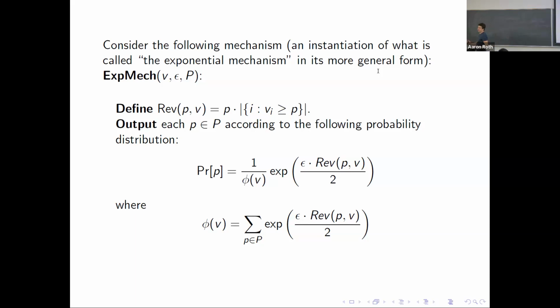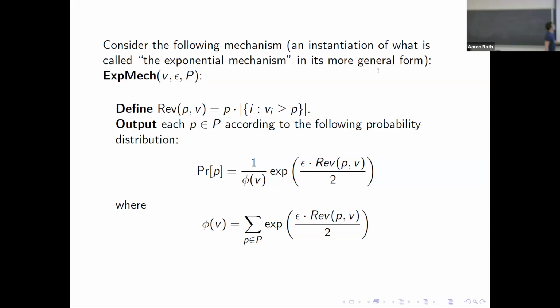But a probability distribution has to sum to 1, right? The sum over outputting all of the possible prices has to be 1. And so to make that a probability distribution, I have to divide this by something. There's the weight I'm assigning to price p, and then I have to divide that by the sum of the weights I'm assigning to all of the prices, just to make this a probability distribution.